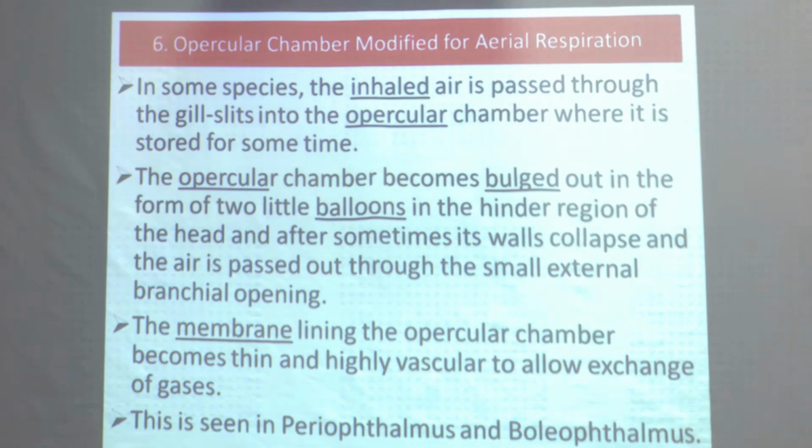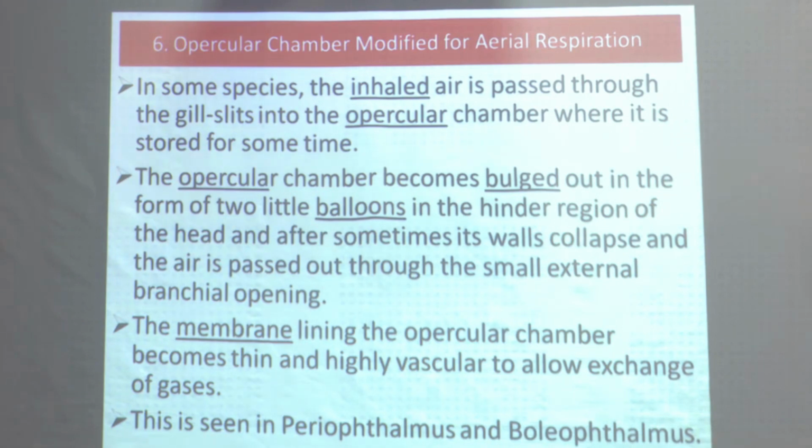There it remains for some time, and there is an exchange of carbon dioxide and oxygen. Then the water comes out through the gills. This happens very quickly. But in this case, the water which has to be expelled from the operculum is held for some time.